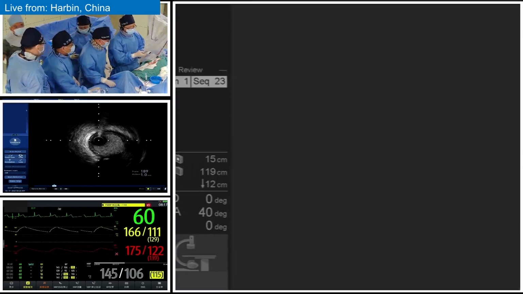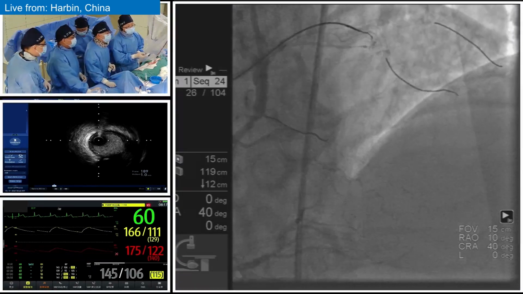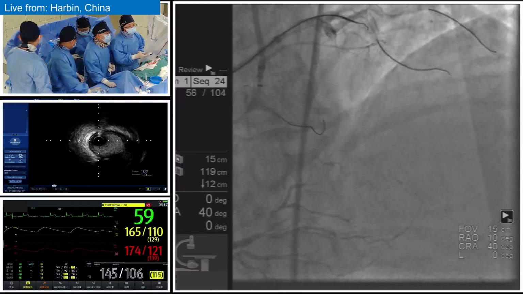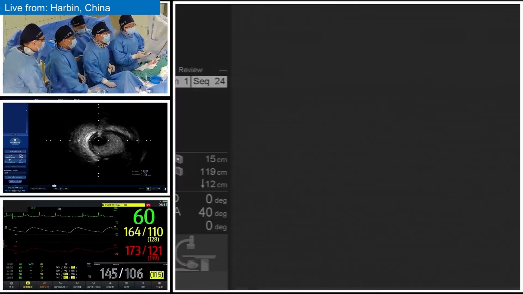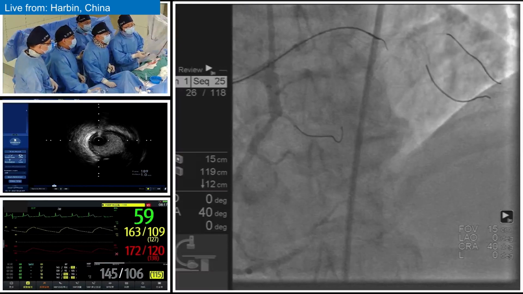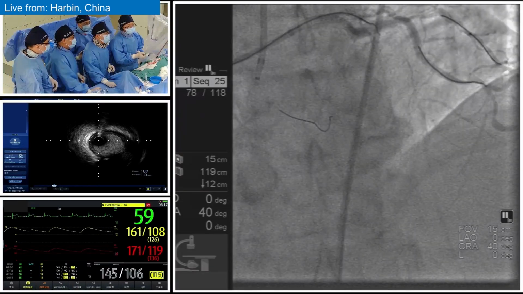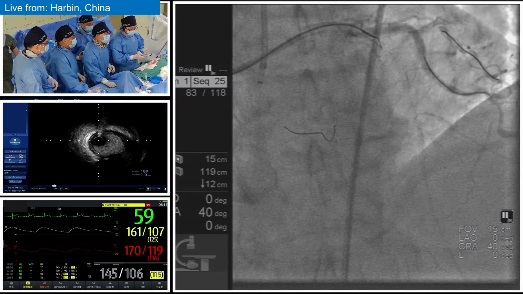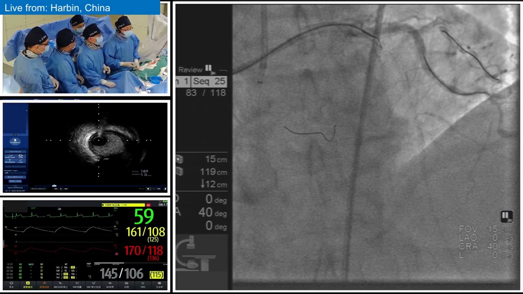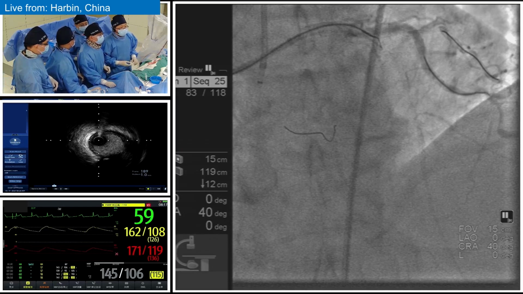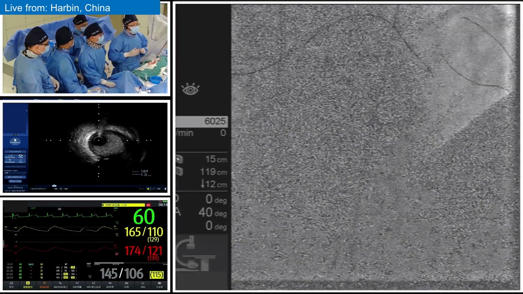One question is, what is the strategy of the antegrade wire escalation? First, we noticed that Professor Li used a Gaia Third wire and switched to a Conquest Pro, and later a Conquest Pro 12. Eventually we used the Conquest Pro 12 to engage the proximal cap of the CTO segment.